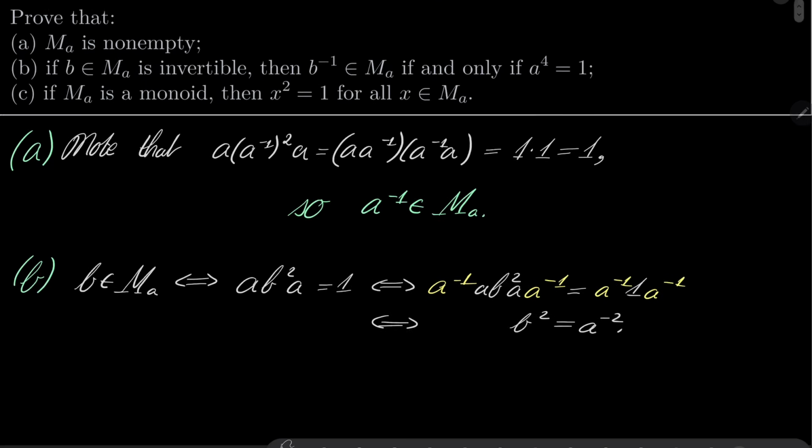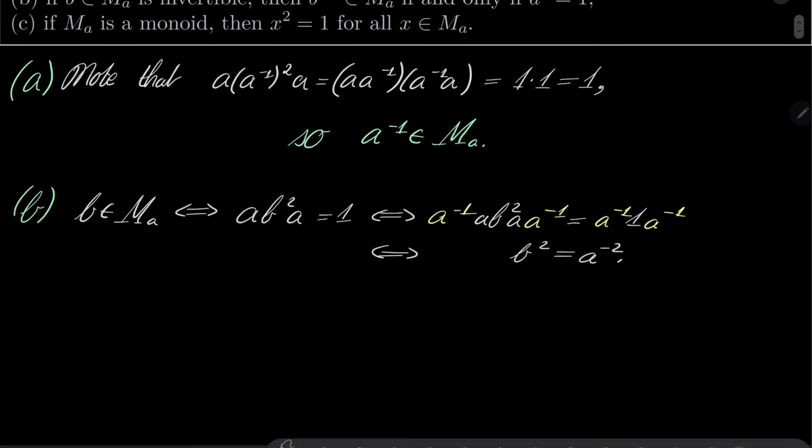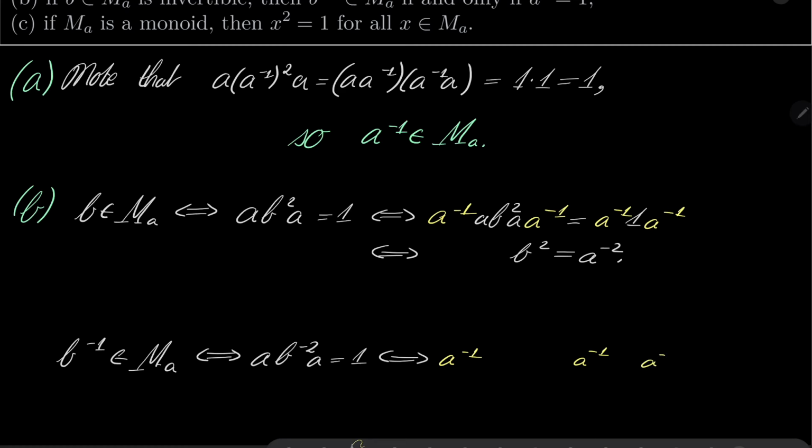Alright. Now, the following will be equivalent as well. B inverse is in M sub A. It is equivalent to saying that A B to the minus second power A is equal to 1. Again, the same trick, we'll take A inverse on both sides. A inverse A B to the minus second power A equals this.